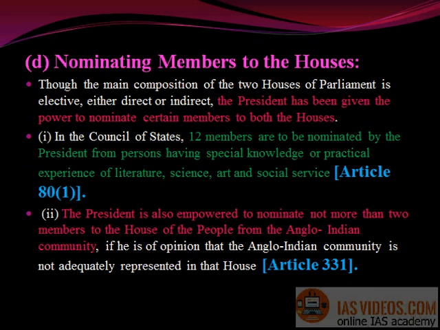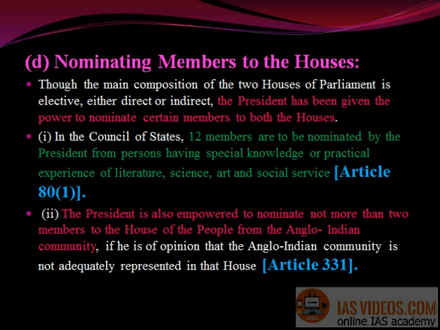Though the main composition of the two Houses of Parliament is elective, either direct or indirect, the President has been given the power to nominate certain members to both the Houses. In the Council of States, 12 members are to be nominated by the President from persons having special knowledge or practical experience of literature, science, art and social service.